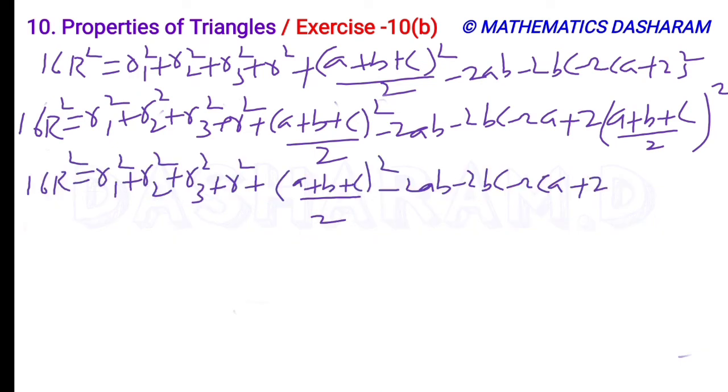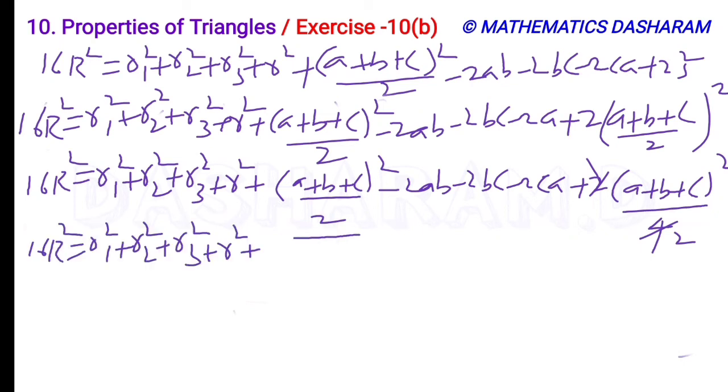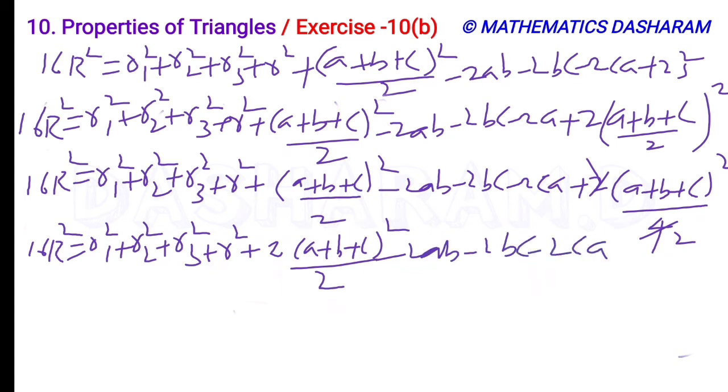So here 2 into a plus b plus c whole square, and 2 square is 4. Here 2 ones are 2, twos are. See here a plus b plus c by 2 whole square, here also a plus b plus c by 2 whole square. So overall 2 into a plus b plus c whole square by 2 minus 2ab minus 2bc minus 2ca.